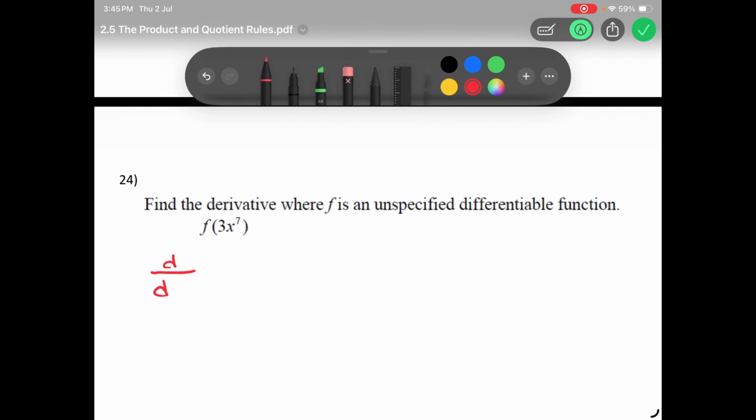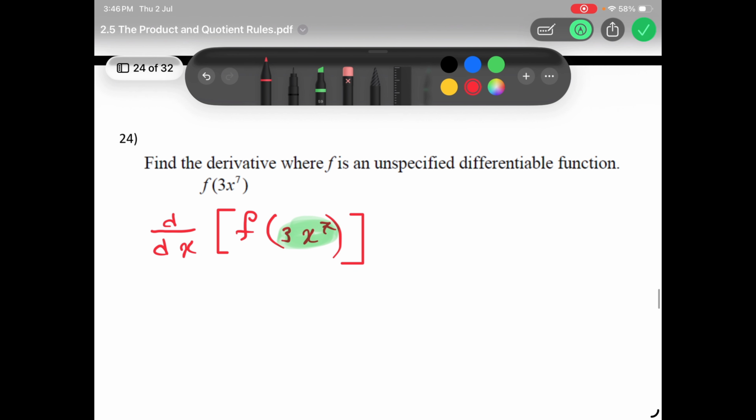By the way, d over dx is an operator, means to differentiate whatever inside this f of 3x to the power 7. And here we have inside function, and the inside function is this guy here, okay? So the derivative will be as simple as that.